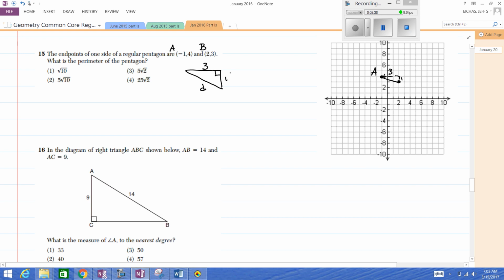So what we have is 3 squared plus 1 squared equals d squared, and one segment would be square root of 10. Now, pentagon, you're supposed to know it's 5-sided. So we'll take the square root of 10 and multiply by 5. So we get 5 square roots of 10.